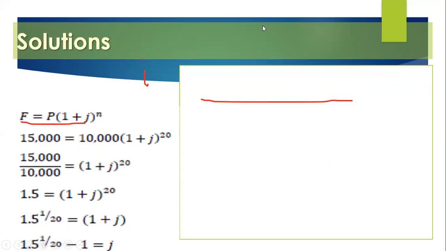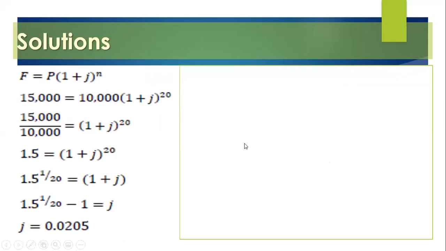So find I, okay, the nominal rate. Paano natin ito compute? From the formula, J is nth root of F over P minus 1. No? So, yun din po itong formula na to.